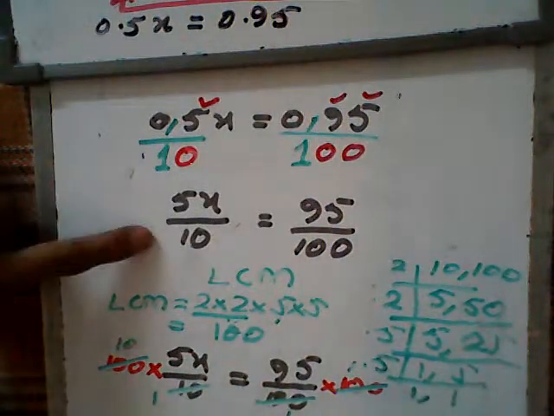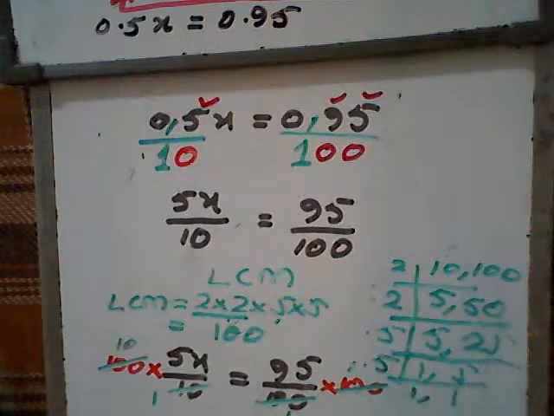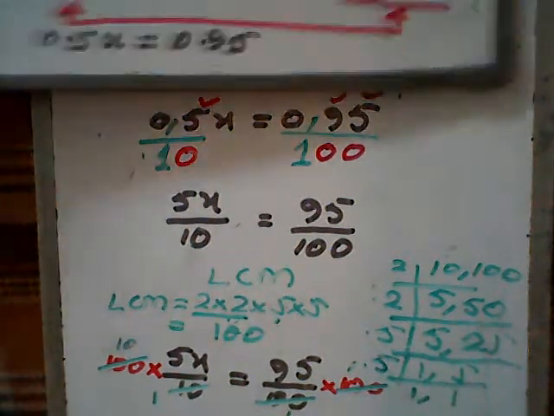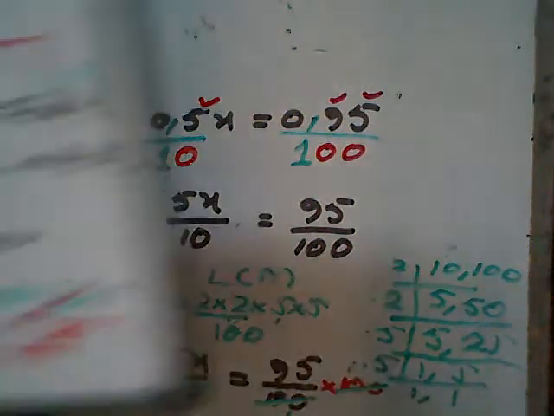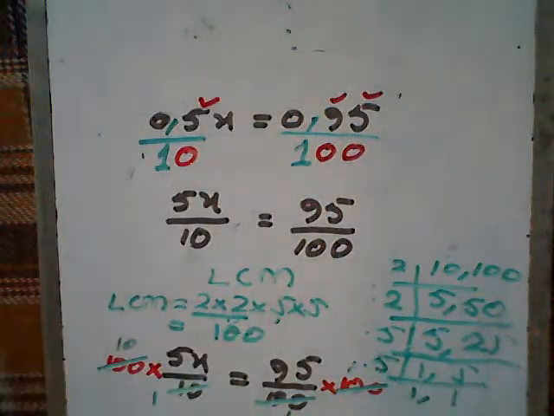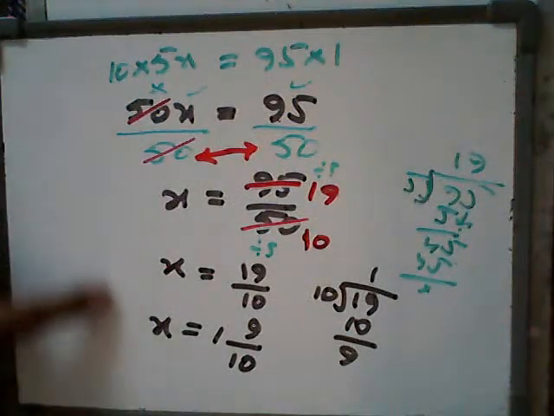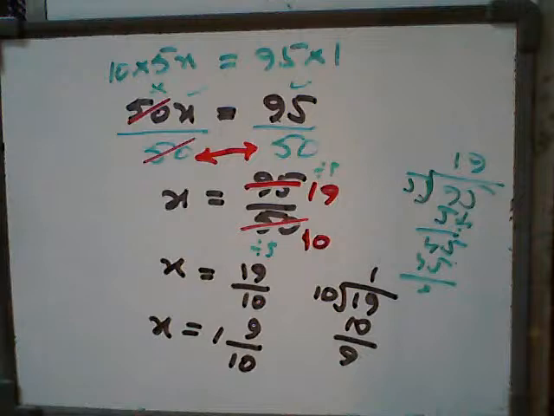So it becomes 5x by 10 and 95 by 100. So like this we can do it. Okay, I hope you understand this. This was the last part of the question, which we got by simplifying, and we got the answer.